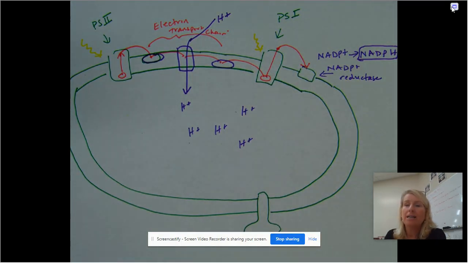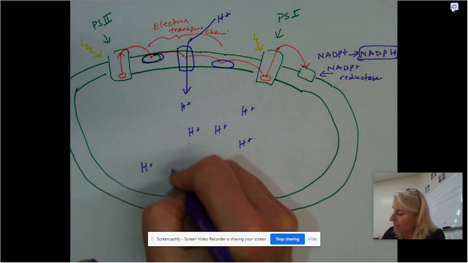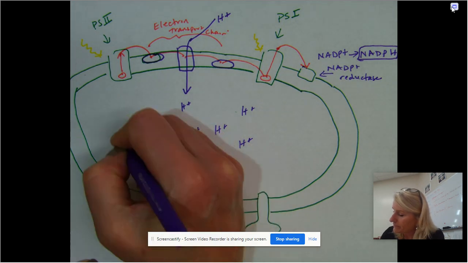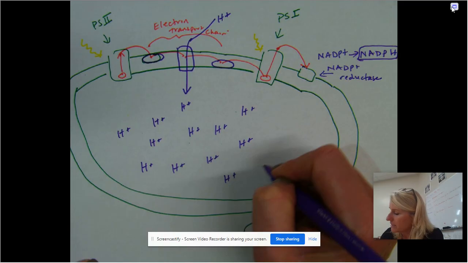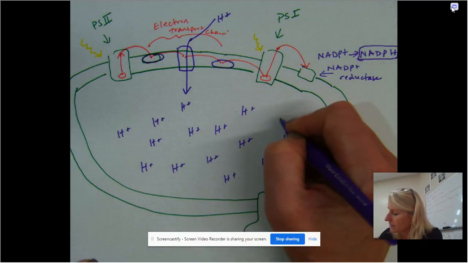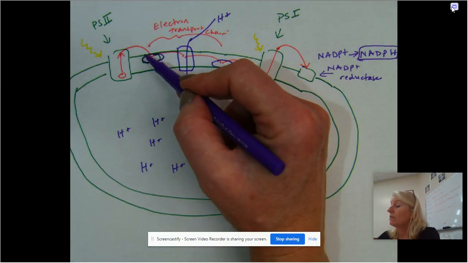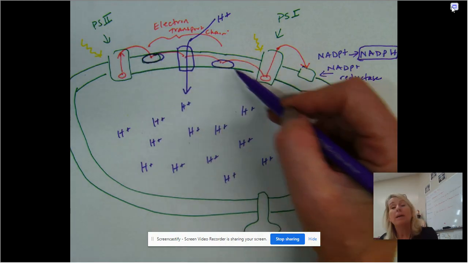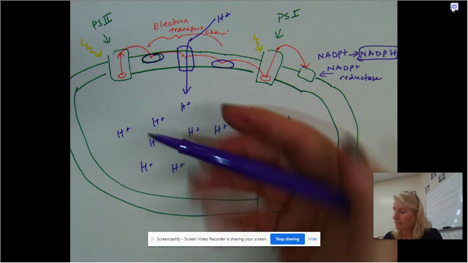So we have hydrogen ions. They don't want to go from low to high. We are shoving them inside of this thylakoid. Think of the thylakoid as a pillow stuffed with hydrogen ions. They don't want to go in there, but it's easy to make them go in through active transport, as the energy from the electrons going down the electron transport chain drives that active transport.